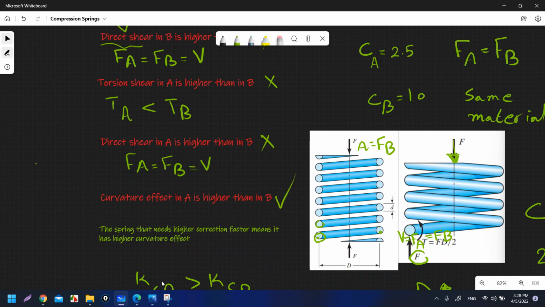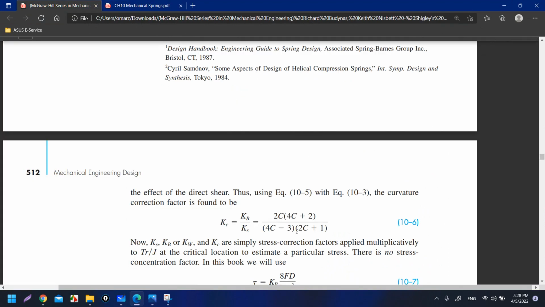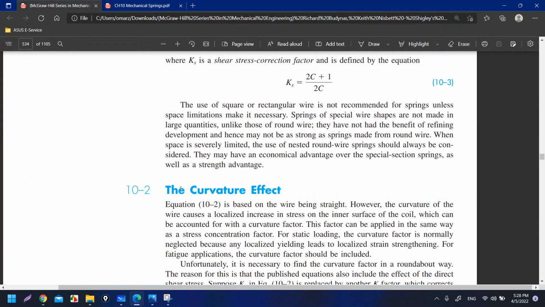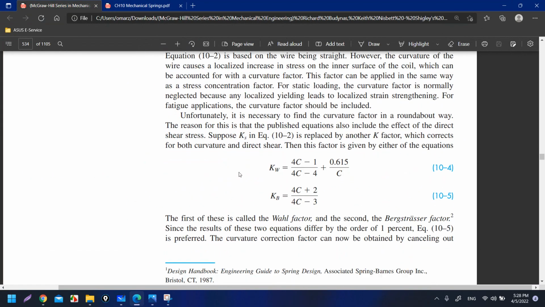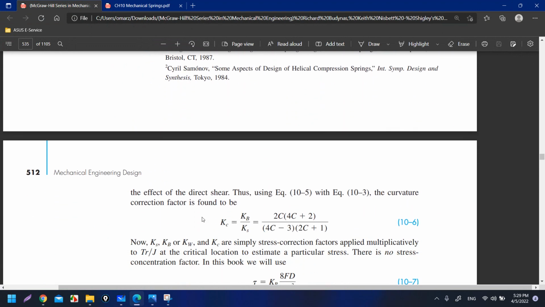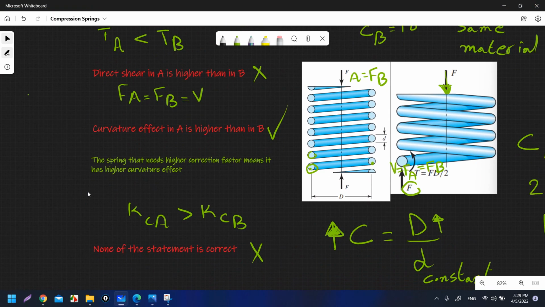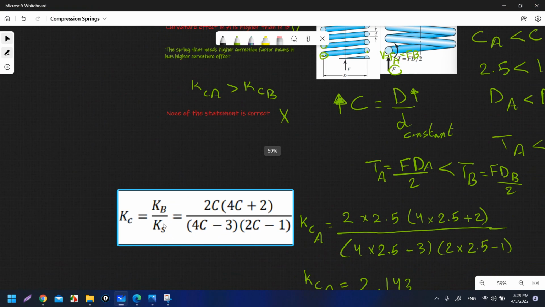The curvature effect, if you saw the book, has a section, and they represent the curvature correction factor as Kc equal to this equation. This equation represents the correction for the curvature effect.